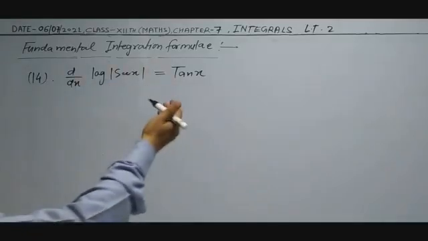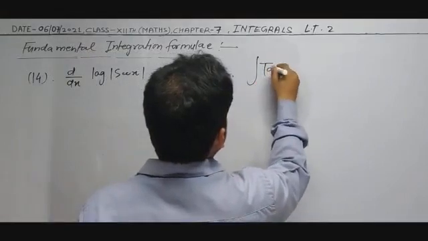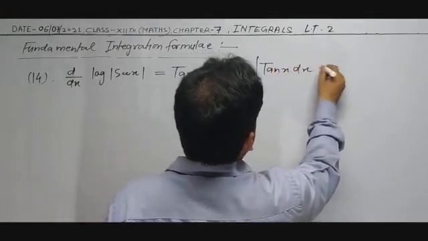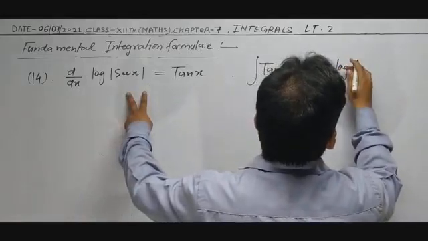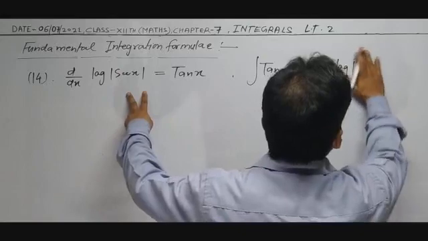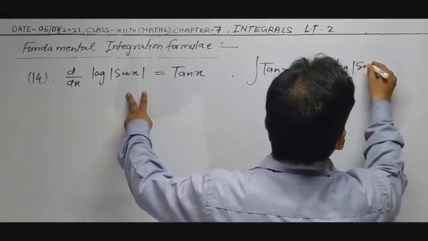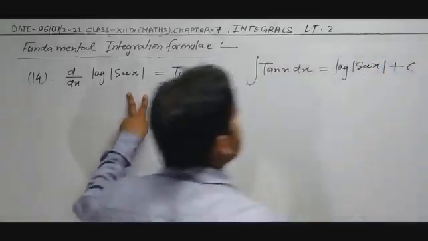And its antiderivative you can write: integration of tan x dx, value is log of mod of sec x plus c.